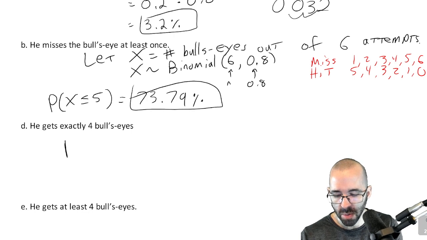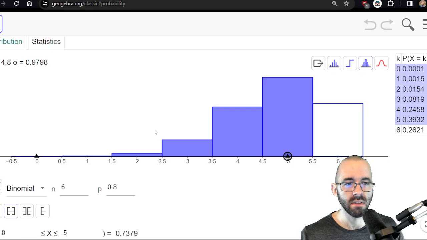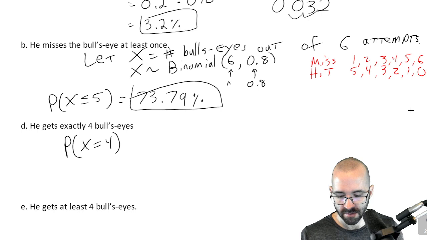Probability of exactly 4 bullseyes is just this. 0.2458.